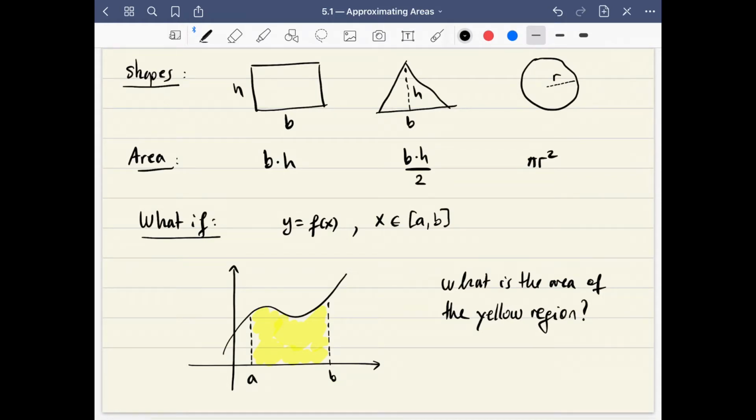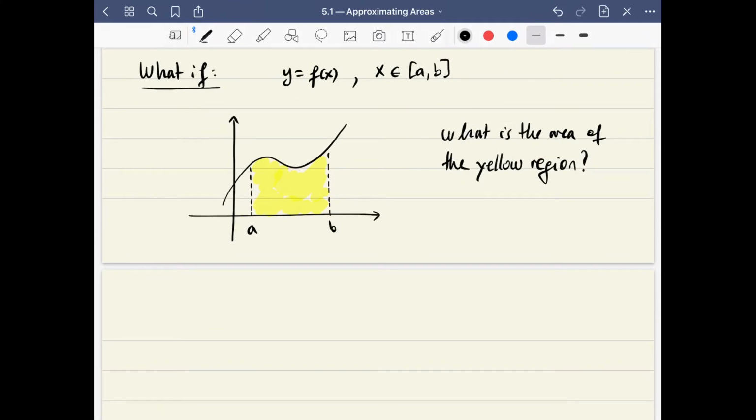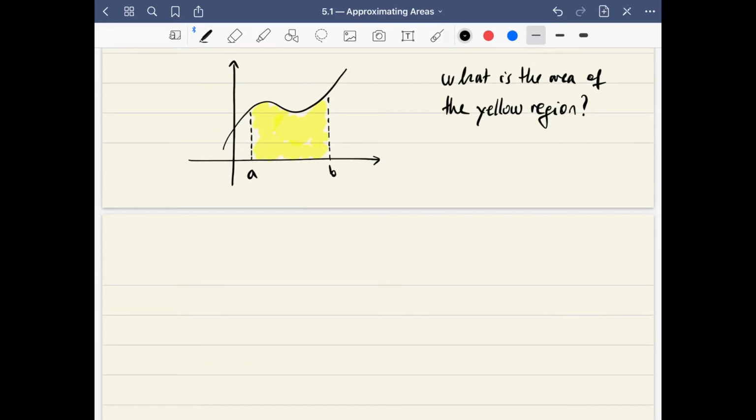Okay. Now to answer this question, we start by first doing the following. Instead of finding the area exactly, let's first try to approximate this area.